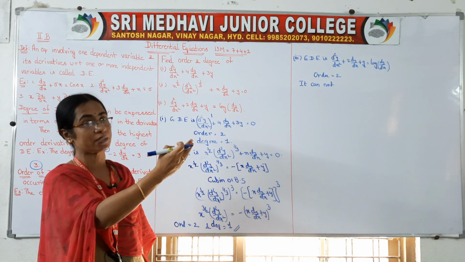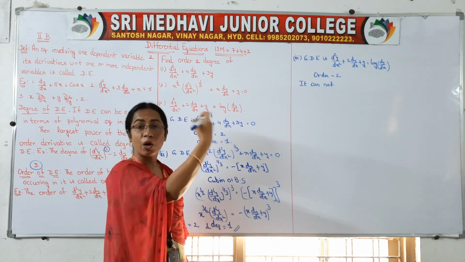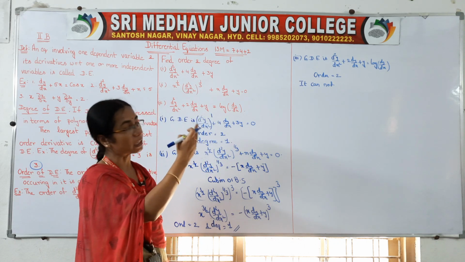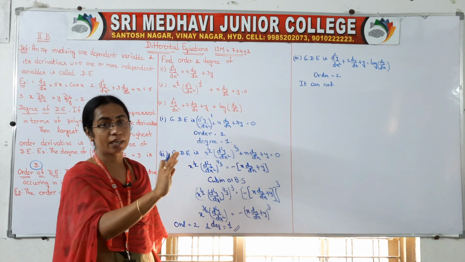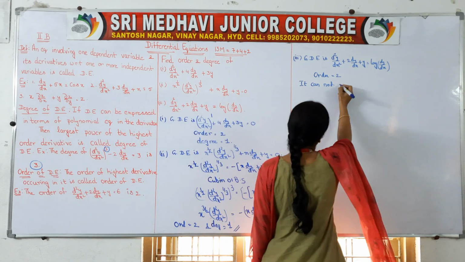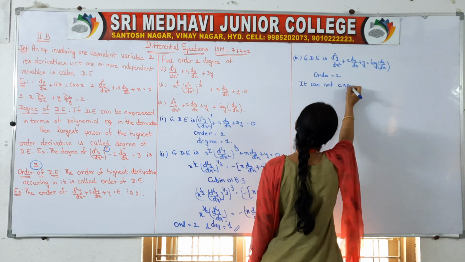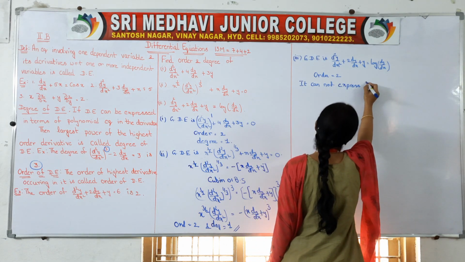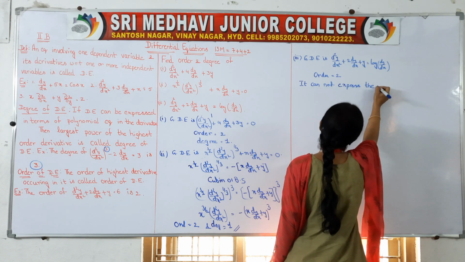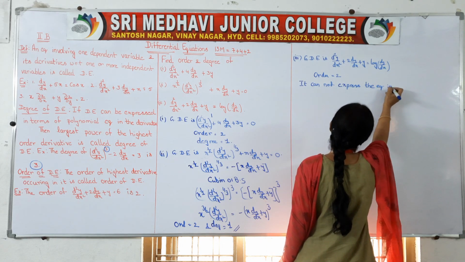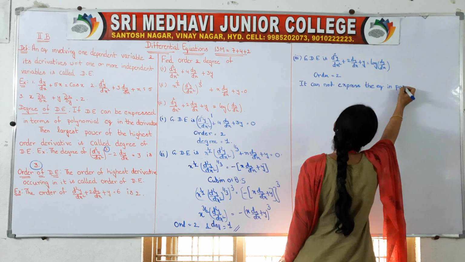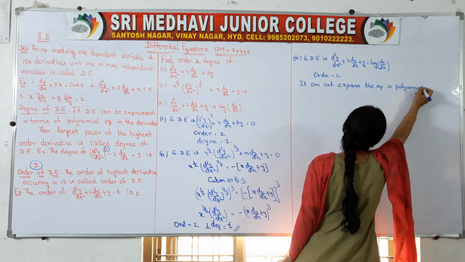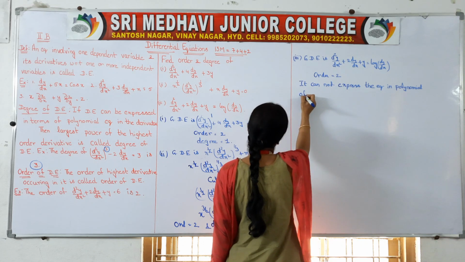If we do anything, the log cannot be cancelled, right? So we cannot express the equation as a polynomial of derivatives.